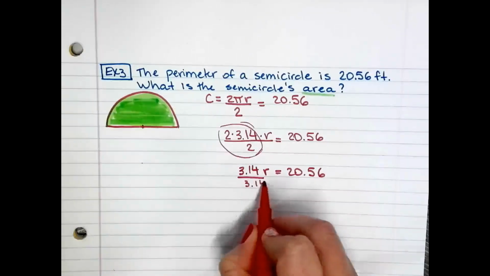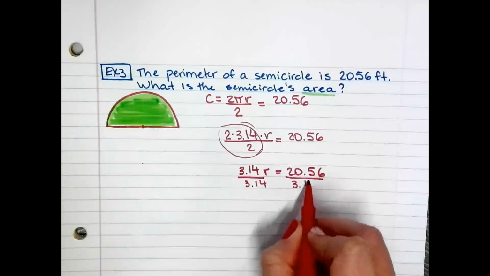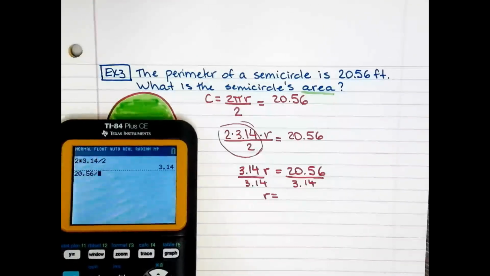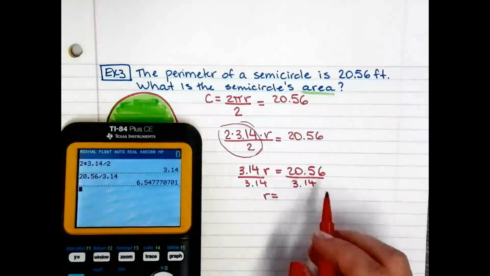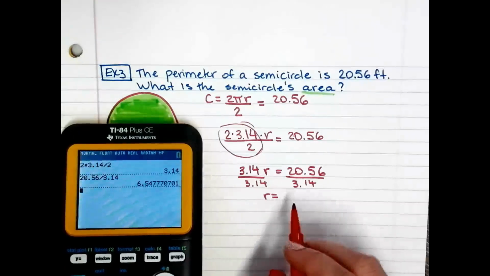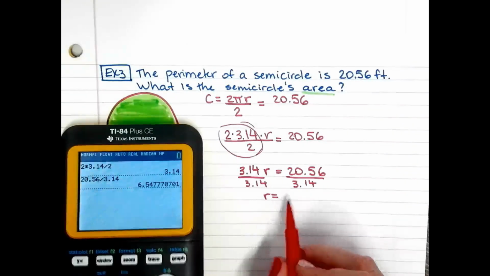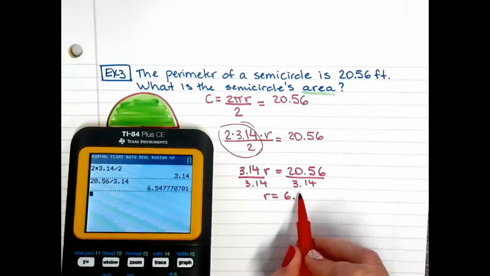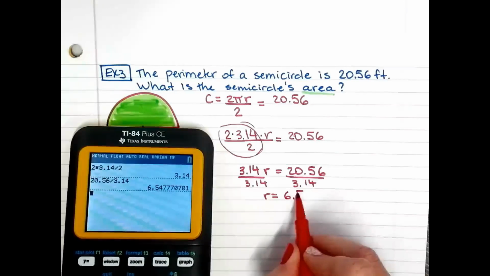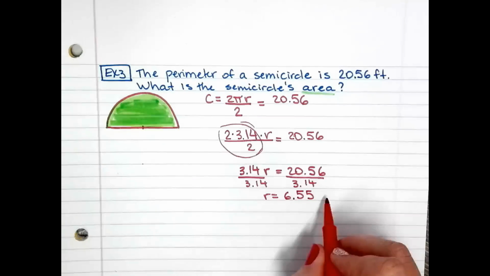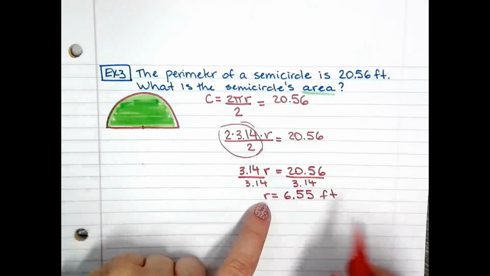Divide both sides by 3.14. So here I have that the radius is 6 point, let's use 2 decimal places, so 6.55 feet.